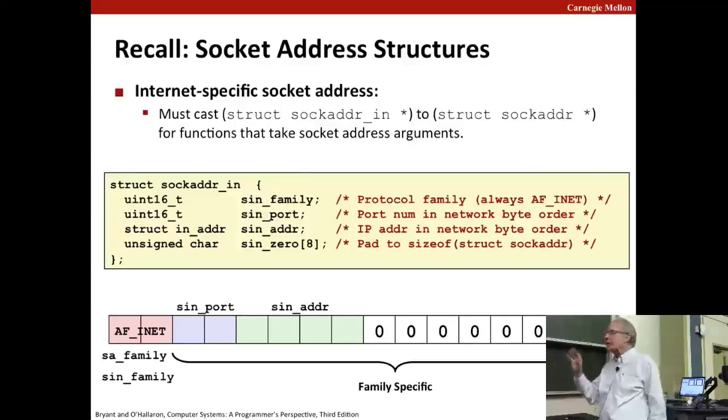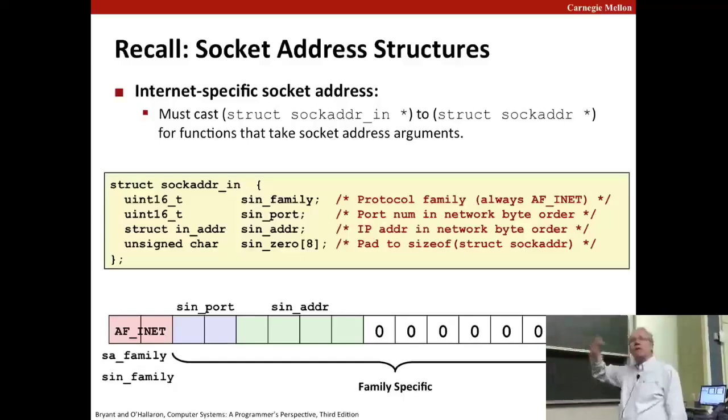And one of the interesting features of this API, getaddrinfo, is it's largely removed the need for you as a programmer to worry about byte ordering. And that's a nice feature. So for example, in getaddrinfo, if I want to pass in a port number, I'll pass it as a character string, a string representation of a decimal number.